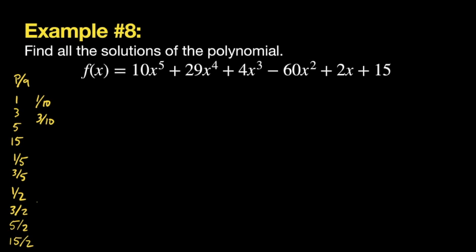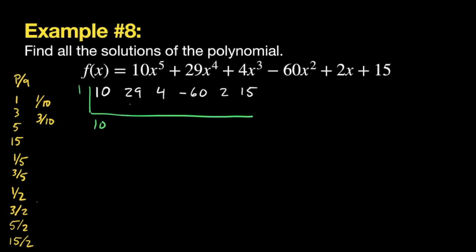Now, we are going to have to do synthetic division at least a total of 3 times because we have multiple solutions here. And we're going to start by using the first one, which is going to be 10, 29, 4, -60, 2, and 15. And we're going to start with 1. We have 1 times 10 gives us 10.